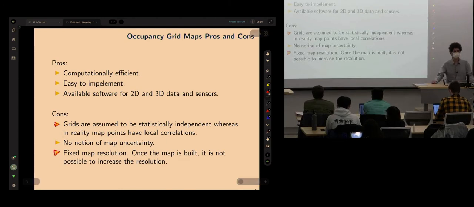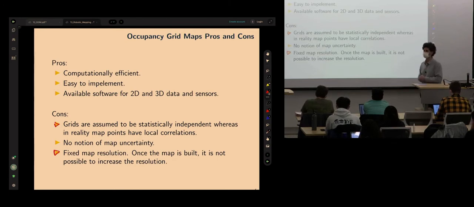When we build it, there is no way you can increase the resolution because the data is consumed, turned into the map, the probabilities, and there isn't any way that we can increase the resolution without going back and starting from scratch. So once you build a map, the information is lost in the form of those probabilities, and we cannot increase the resolution.